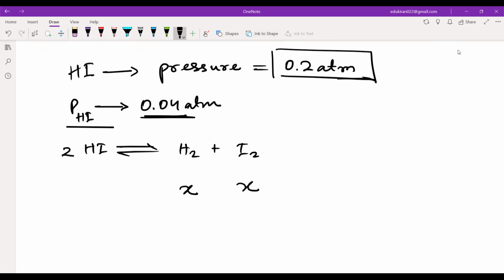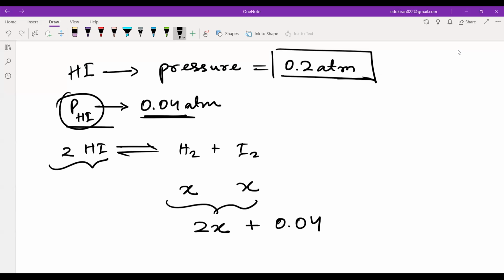Now if I add both of these, this will be equal to 2x. Then if I add 0.04, I'm also adding the reactant part, because that is the partial pressure of HI at equilibrium.